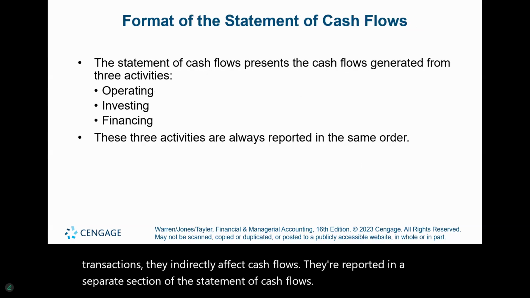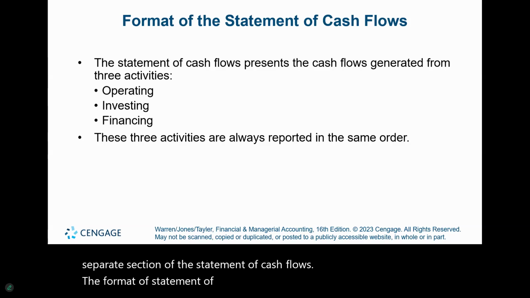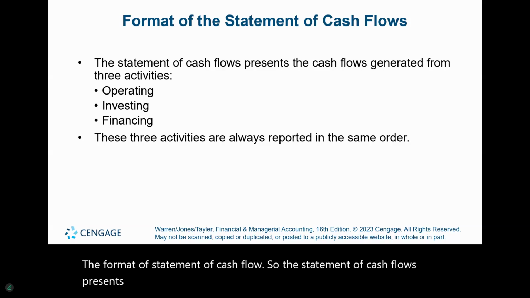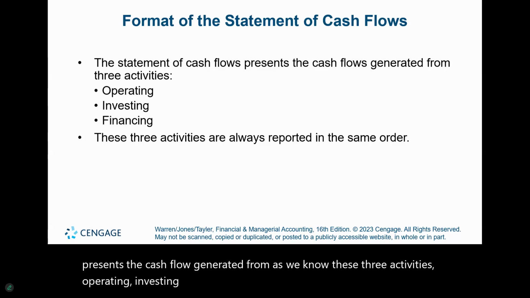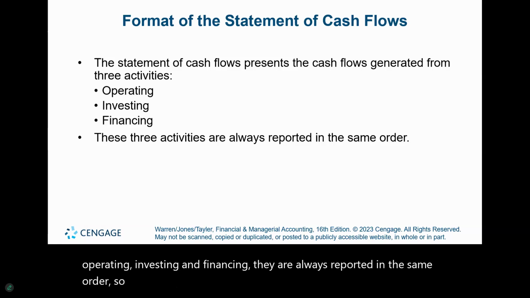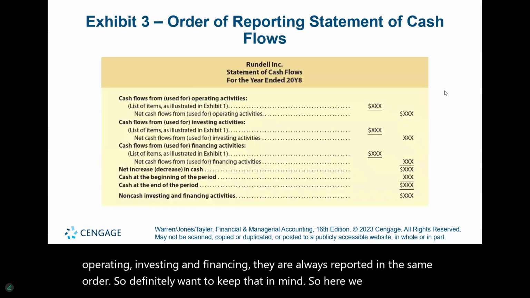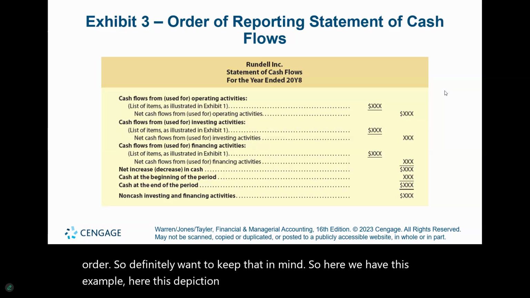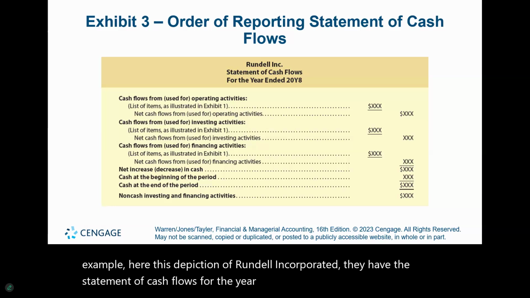The format of the statement of cash flows. The statement of cash flows presents the cash flows generated from, as we know, these three activities: operating, investing, and financing. They are always reported in the same order, so definitely want to keep that in mind. Here we have this depiction of Rundell Incorporated, with the statement of cash flows for the year ended 20-year-8.